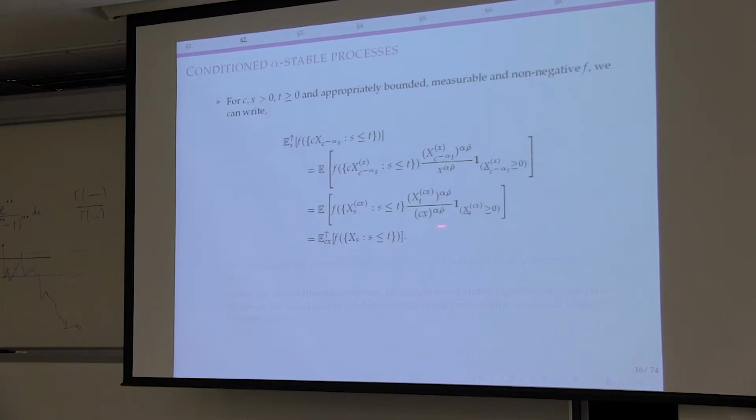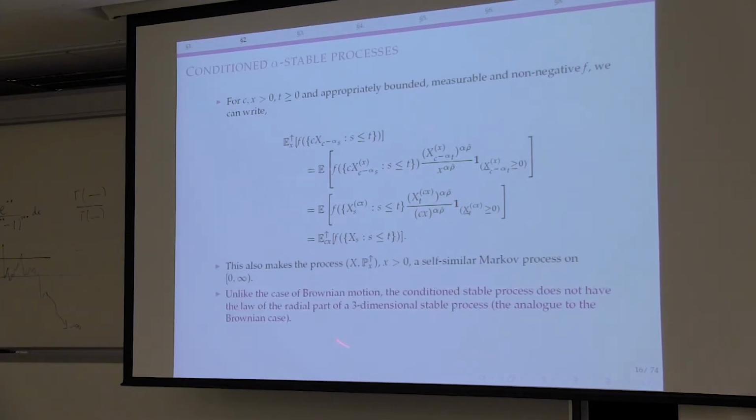So I'm left with cx to the alpha rho hat, which is great because when I make the scaling transform, this now starts at cx, and rather conveniently, I have the cx down here below, which is what this should be doing at time 0. So by definition, this brings me back to the conditioned process initiated at cx. So this is one way to check the scaling property for the conditioned process.